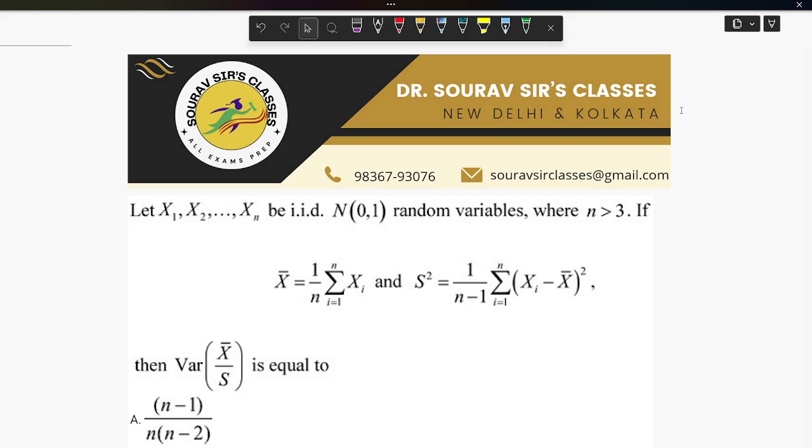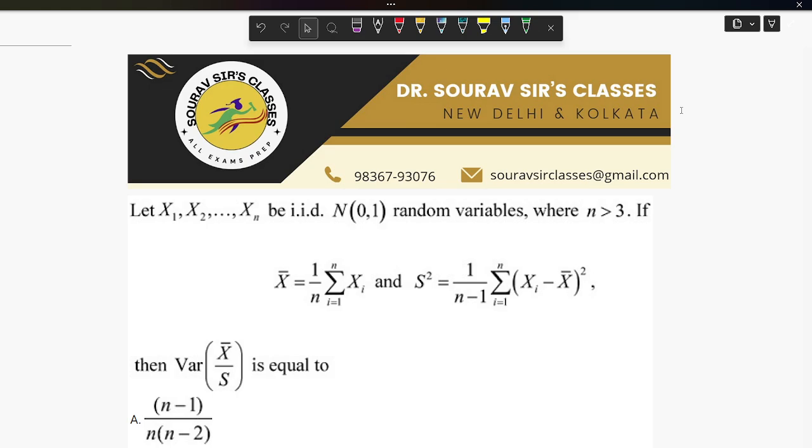So now we are going to solve a problem which appeared in the IIT JAM Mathematical Statistics question paper, and the question is telling us: let X1, X2, ..., Xn be IID N(0,1) random variables, where n is greater than 3.